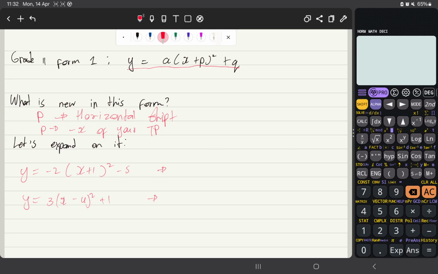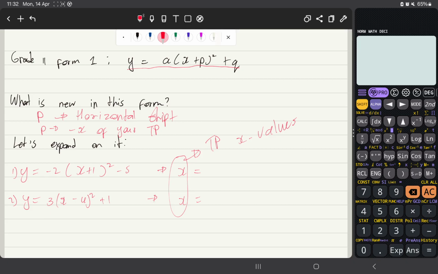I wanted to address this. So this is number 1, this is number 2. These are the x values for my turning point. I'm just going to write it down here: turning point x values. So the thing is, when you look inside the bracket and you have a positive number, you write it as a negative on the outside. And if you look inside the bracket and you have a negative number, it's going to be positive.